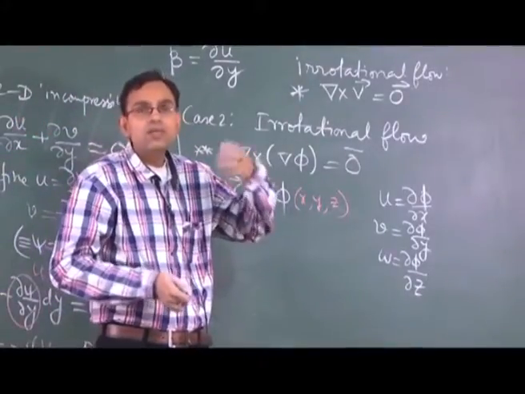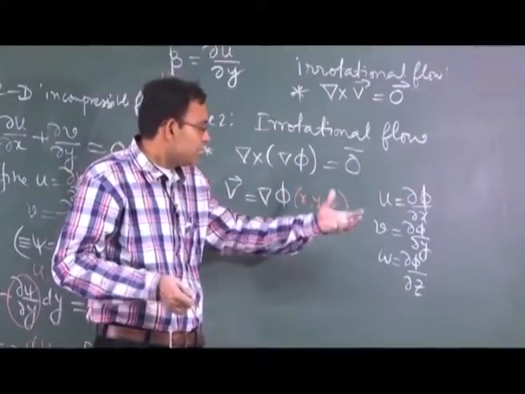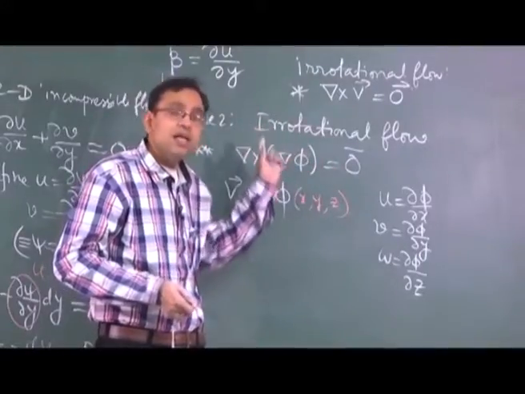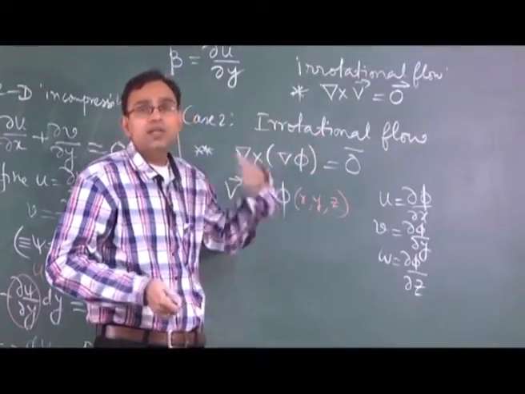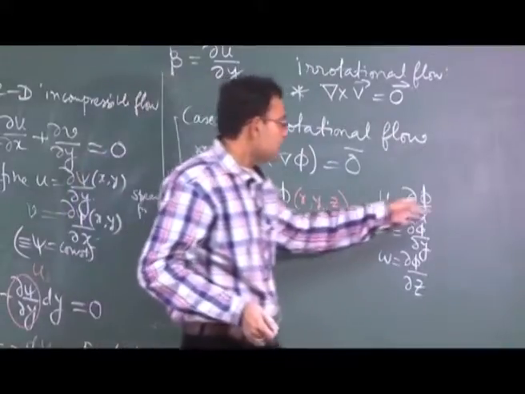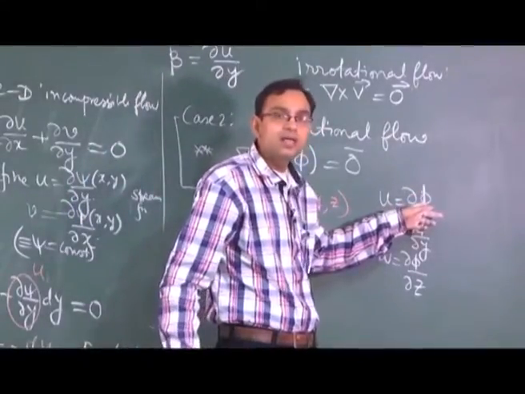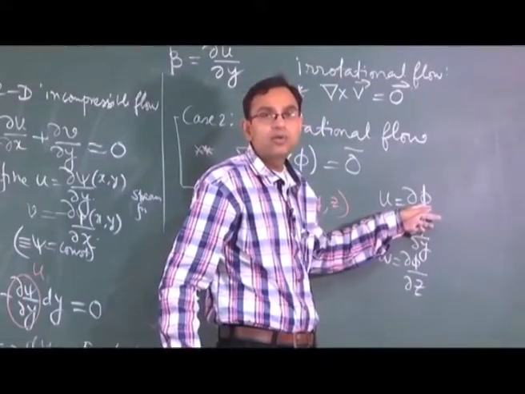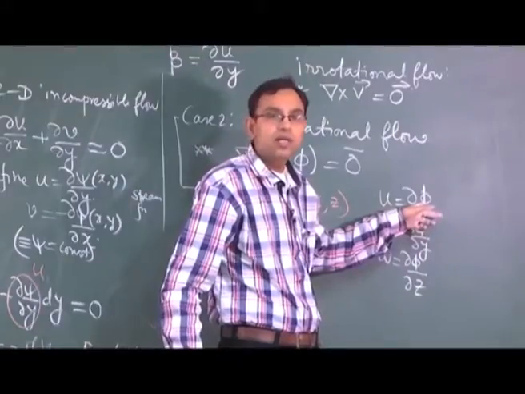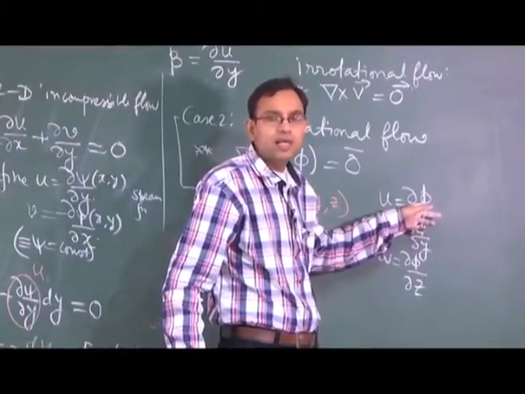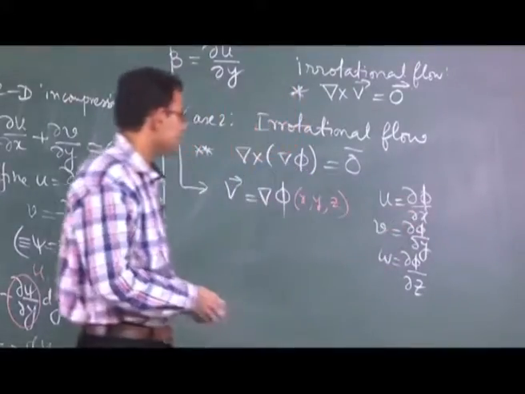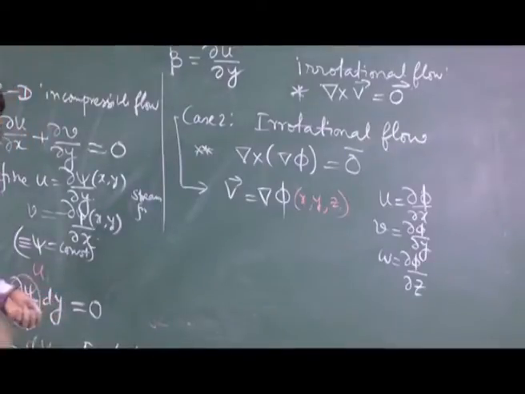How it can do that we will see later on, but one of the interesting things is that if the flow is both inviscid and irrotational, it will remain irrotational forever, and that means the velocity potential is always defined at all times, and such a flow is called potential flow. So, inviscid irrotational flow is called potential flow, and we will discuss that in detail in one of our later chapters.